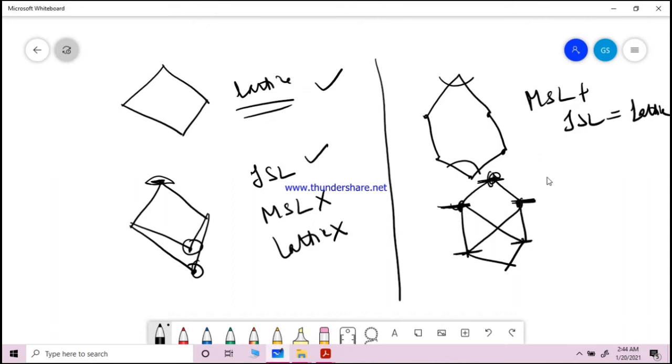So I have to find out the least upper bound, but the least elements are 2. So I cannot find out the least upper bound in this case. So this is not a lattice. This is a lattice and this is a lattice and these two are not. So this is how you can find out the lattice, sublattice and semilattice.